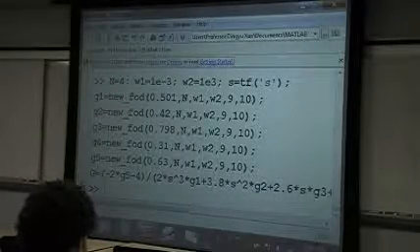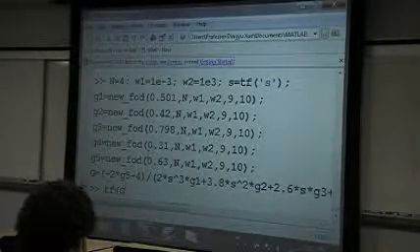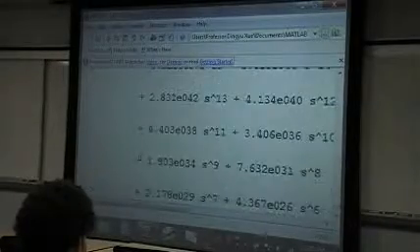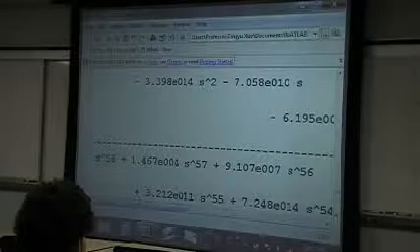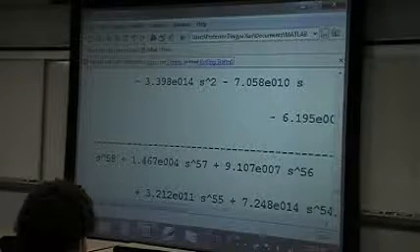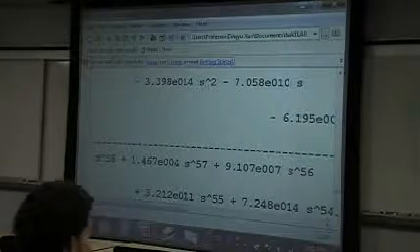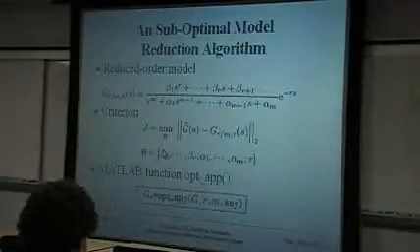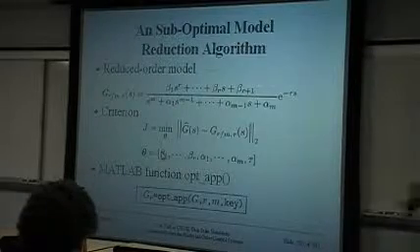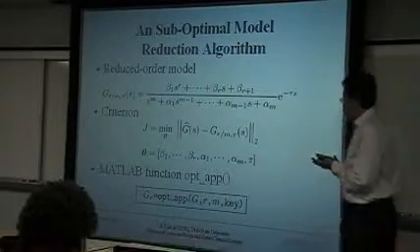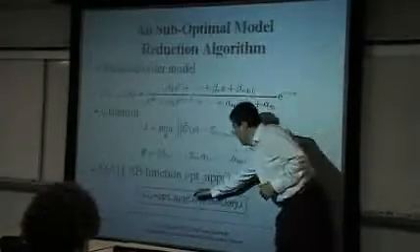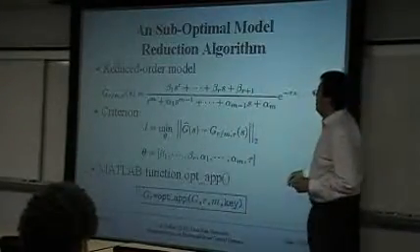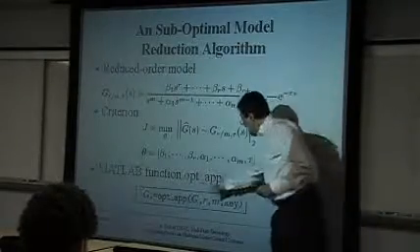This is G1, G. So what we need is to find a low order approximation to it, and I've written a piece of code, OPT APP, where we can select the orders of the fitting model, and this is the original model of order 56.